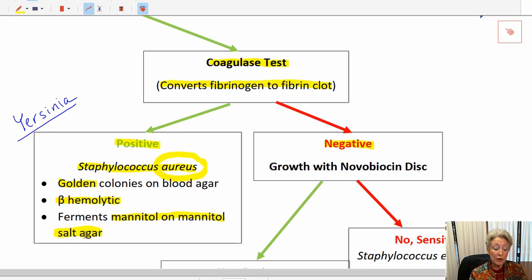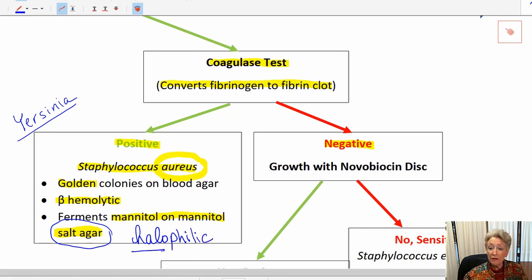Now, I always stress to students that microbiology can come to look like simply a mountain of trivia to memorize, but I would argue that not all facts are created equal. And so I always encourage students to remember that Staphylococcus aureus is what we call a halophilic organism.